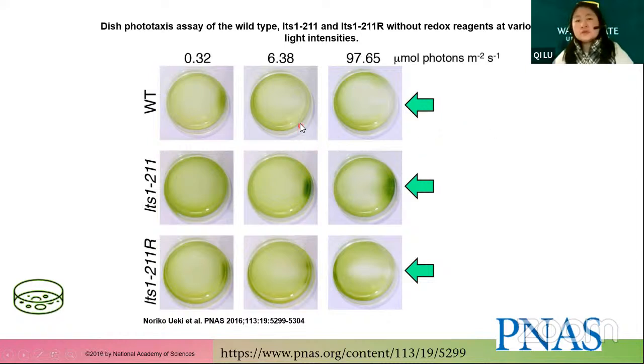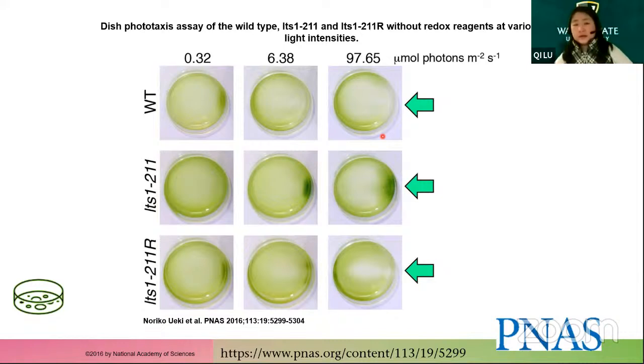If the light is stronger, then they prefer to move far away from the light source. If it's even stronger, they will try as hard as they can to move away from the light source to find some shadows to hide.